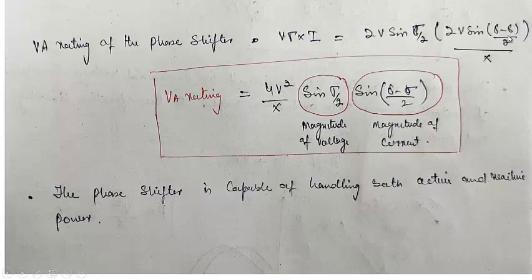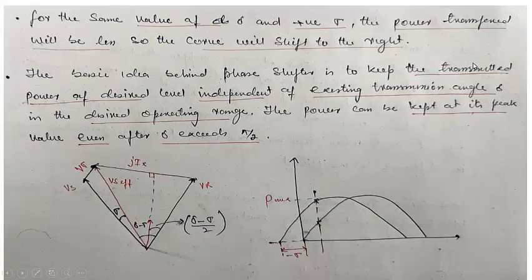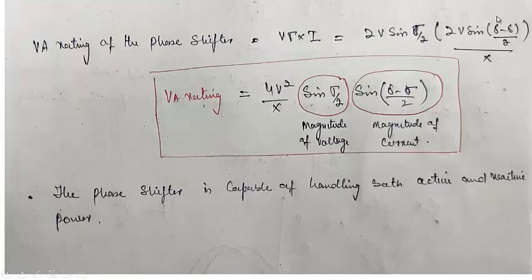I have written delta, please correct it, delta minus sigma by 2 divided by x. So it can be calculated from here, because Ix by 2 will be equal to V sine delta minus sigma by 2, or I will be equal to twice V sine delta minus sigma by 2 divided by x. That is what I have written here.